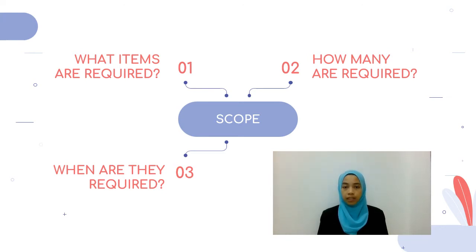The second question is how many are required? This question is about how much materials are required at a time in order to meet the demands. Management should always consider the inventory status records on quantity on hand and outstanding purchase orders when answering this question.